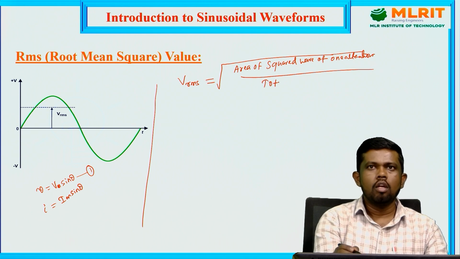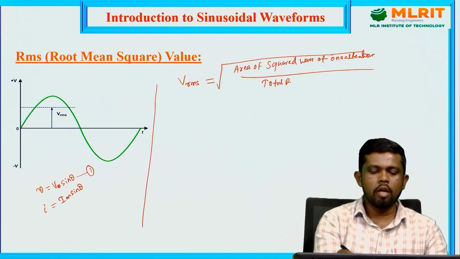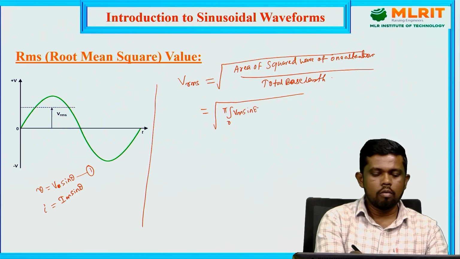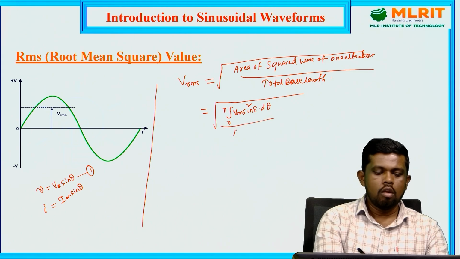The area of the square of the one alternation to the total base length. So that equals the square root of integral 0 to pi of Vm sin theta squared, that is Vm square sin square theta d theta, divided by pi minus 0.